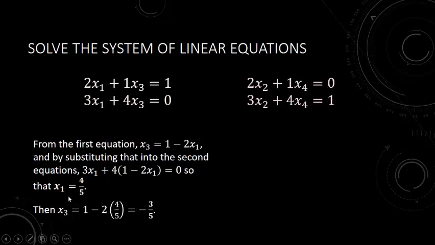If that was too quick, please take advantage of this being a video and pause and try to work that out yourself. Now that I have x1, I can substitute that in to this expression where I isolated x3. Substituting that in allows me to solve for x3, and I get another fraction, -3/5.